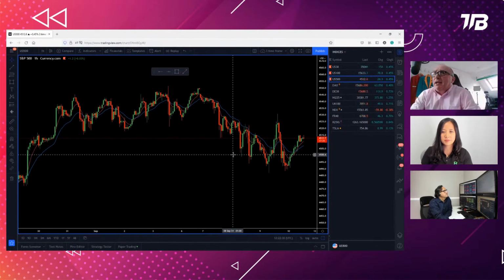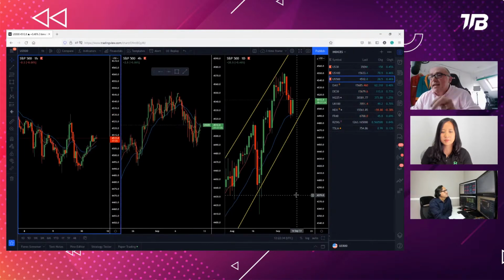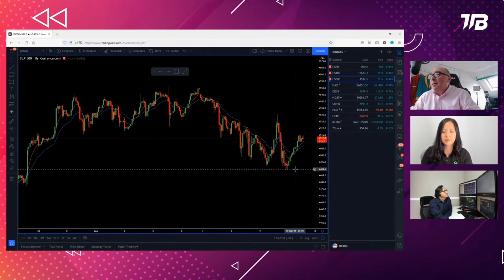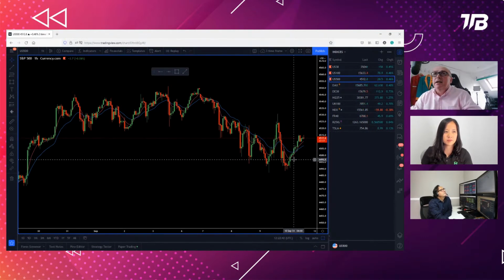I don't see that at the moment, and I see that the bias really is for trend continuation. Today we're seeing trend continuation again. We're in this channel that you've seen here on the 4-hour chart, and with the momentum behind the stocks, having had a 2% drop this week already, we're now seeing composure and bullish momentum following through.